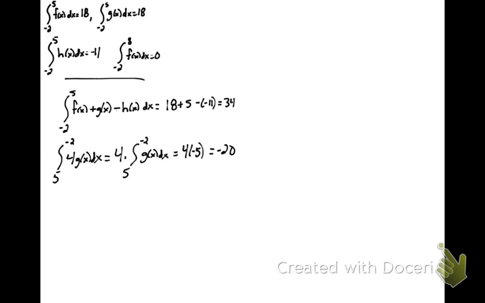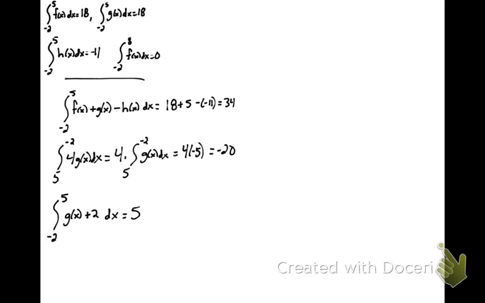Another question along those lines might be, what is the integral from -2 to 5 of g of x plus 2 dx? Well, I know what g of x is in that span, it's 5.